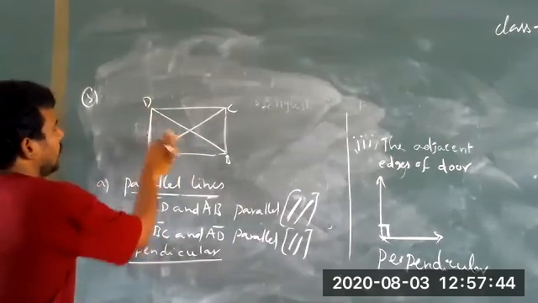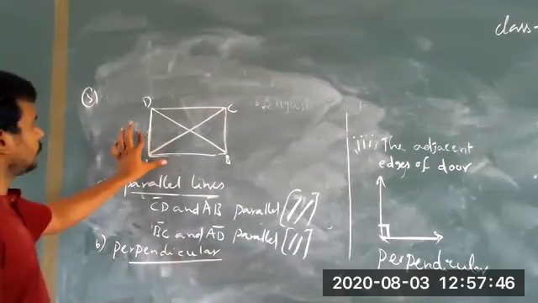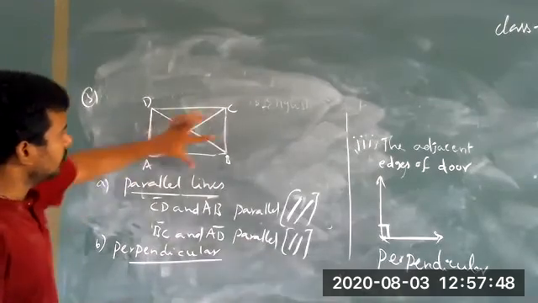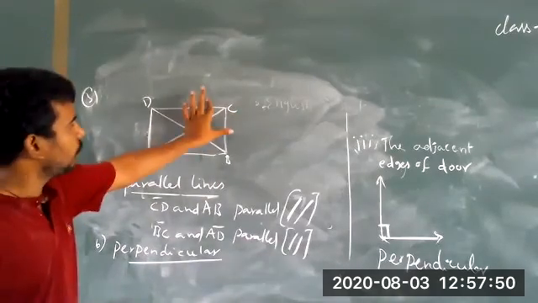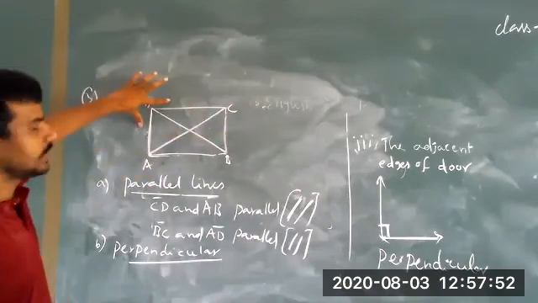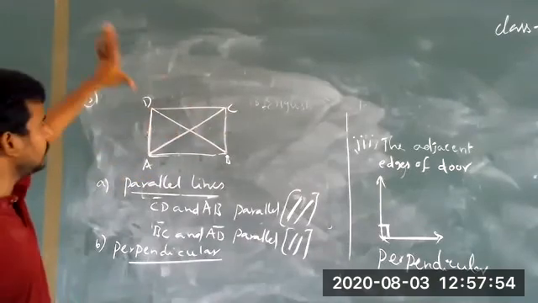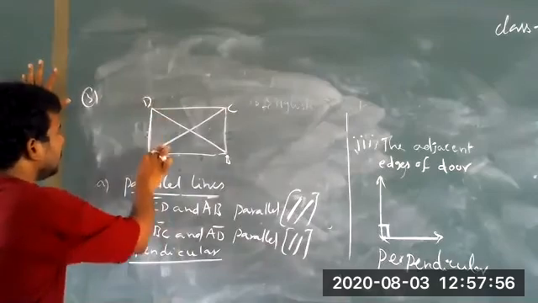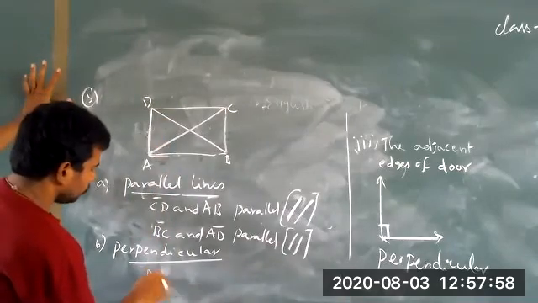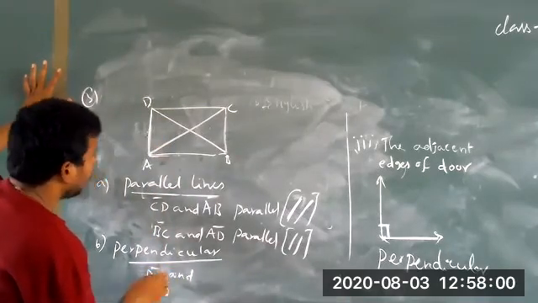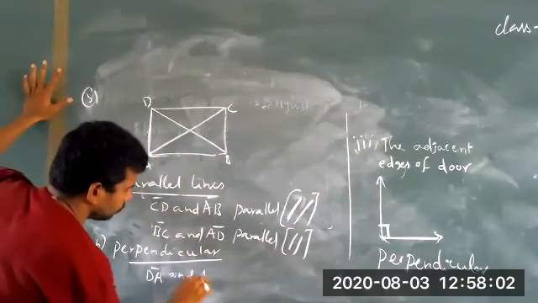These two sides are called adjacent, so these two are perpendicular lines. These two lines also are perpendicular lines. So first, DA and AB.